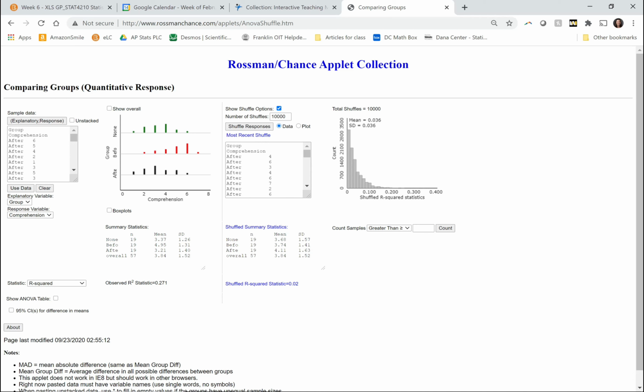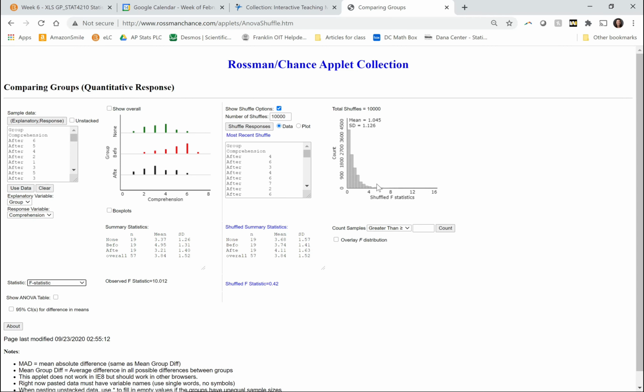We can do the same sort of thing, except instead of recording an R-squared statistic each time, we can record an F statistic each time. So notice that the scale changed here because the F statistic is standardized, so it's putting it on a different scale. But another nice thing about an F statistic is that we can actually use a theoretical distribution as a model.